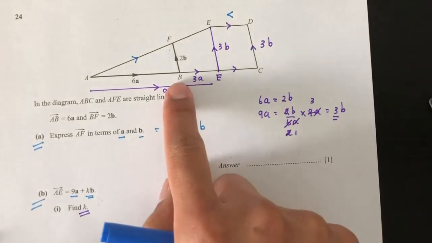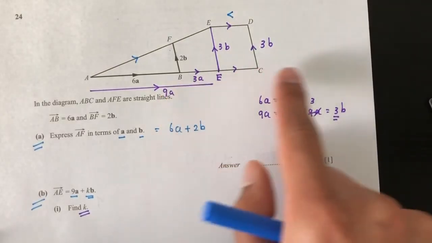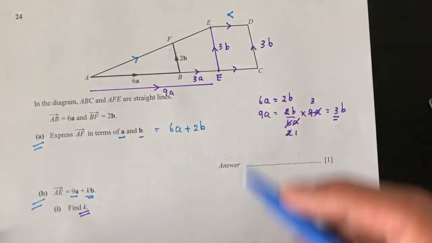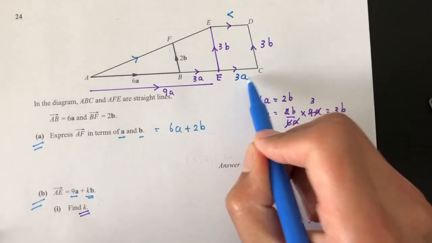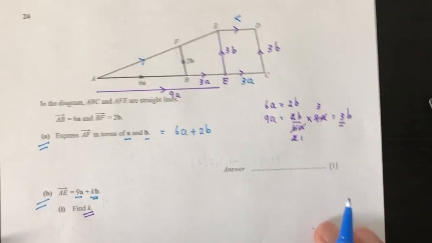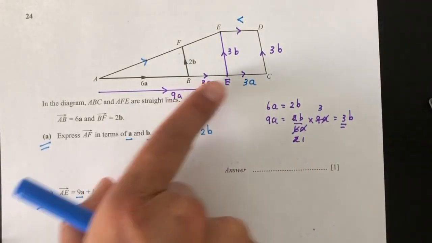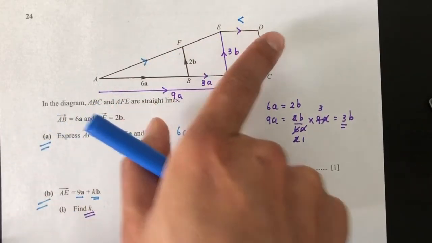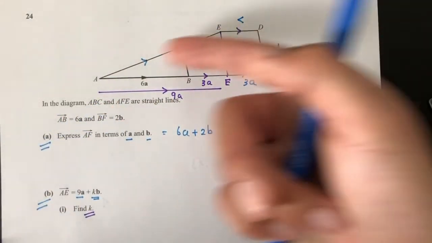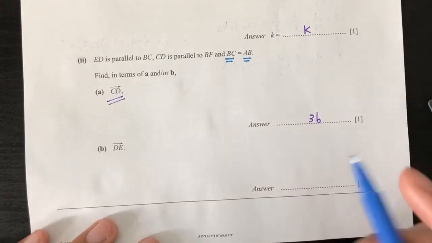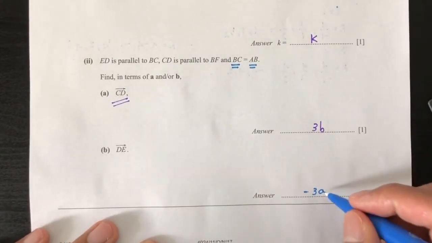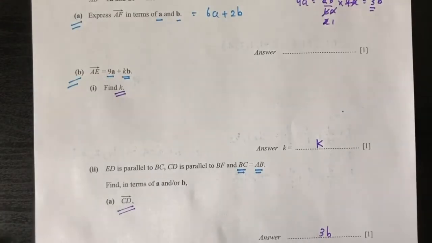So BC is equal to AB. So this is 6 as well. So it means that this is also 3A, right? EC is 3A. Now EA is in this direction, that is 3A. ED will be in this direction, that will be 3A as well. But we have to find DE, which is in this direction, that will be minus 3A, because it is in the opposite direction. So that is for question number 24.